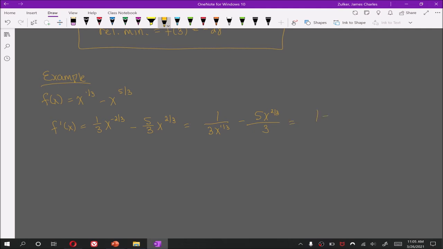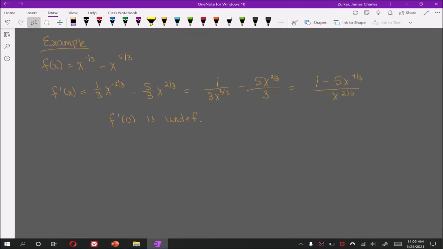Simplifying this, we get 1 minus 5x to the 4/3 all over 3x to the 2/3. My apologies, the denominator should have been 3x to the 2/3. Now, notice that f prime of 0 is undefined, and 0 happens to be in the domain.